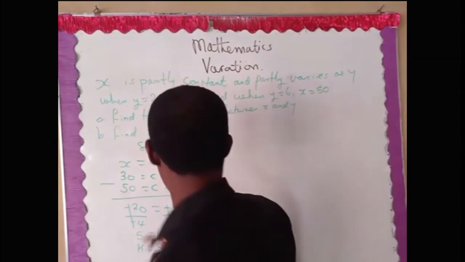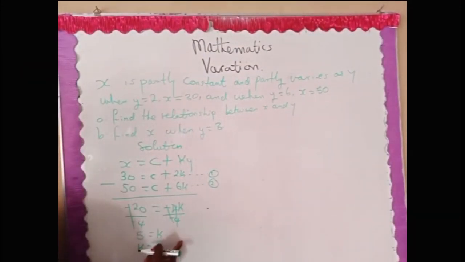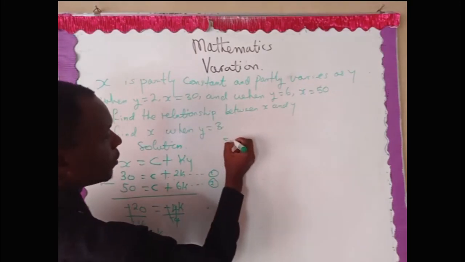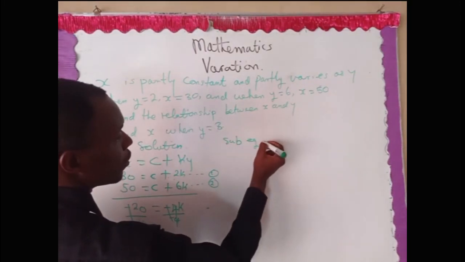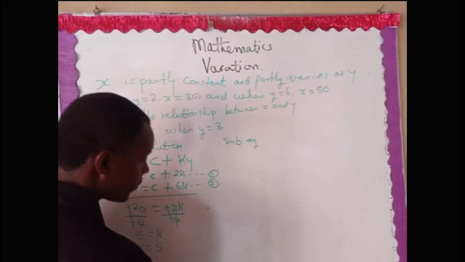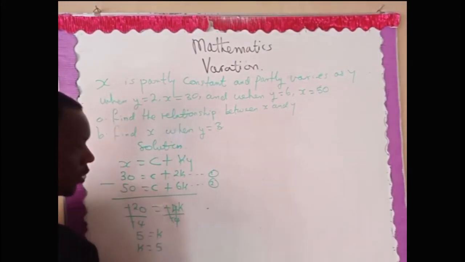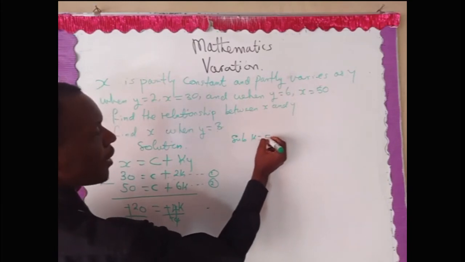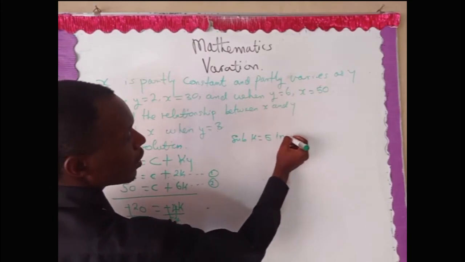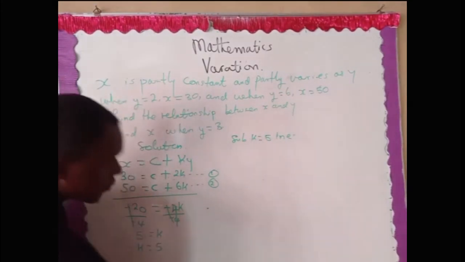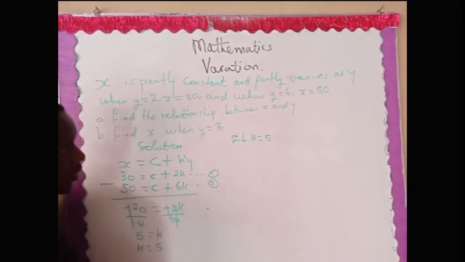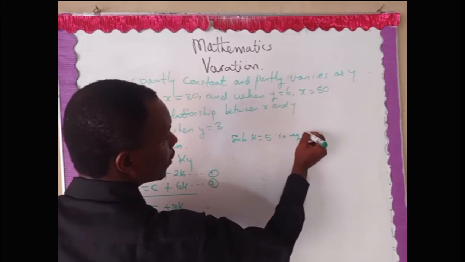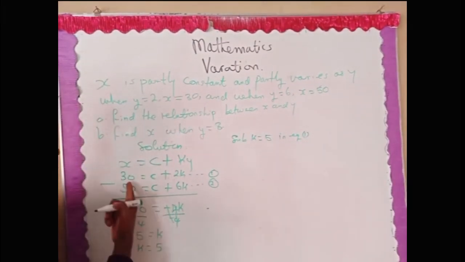So in equation 1, I will substitute K equals 5 in equation 1. Now what is equation 1? Write it out.